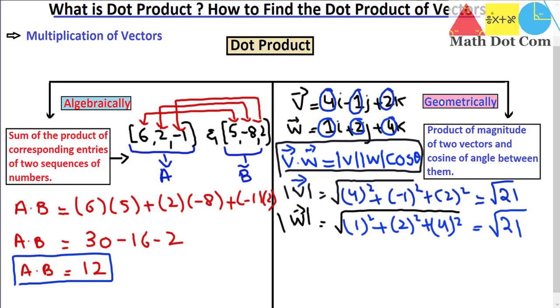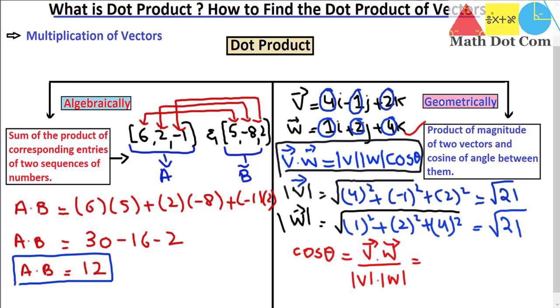Now we just have to put these values in the given formula in order to find the angle between the two vectors. So keep this in mind, our target is to find the angle using the dot product method. If we keep cos theta on one side and move the magnitudes to the other side of this formula, what we will get is the dot product of vector v and vector w divided by the magnitudes of these two vectors.